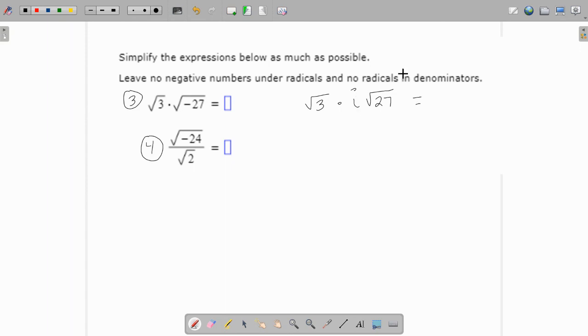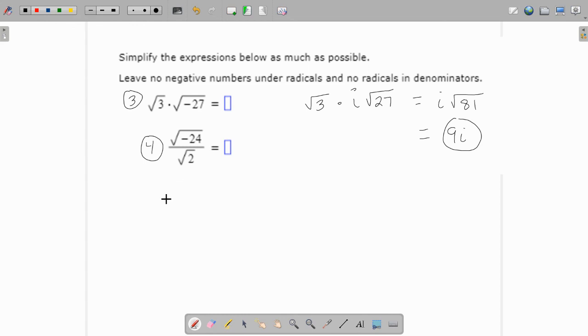It is a little bit easier if you know what you're doing to break this down and make the numbers easier, but I'm just going to multiply. 27 times 3 is 81. That wasn't so bad because this is a perfect square. The square root of 81 is what number? You should get 9. So 9i is your final answer.